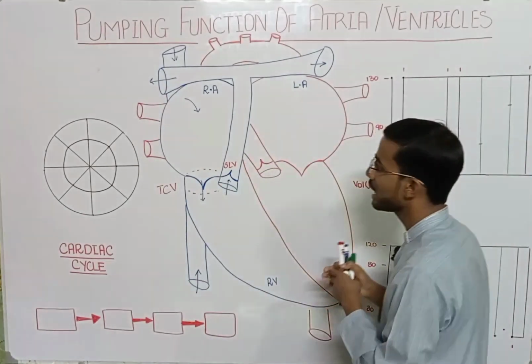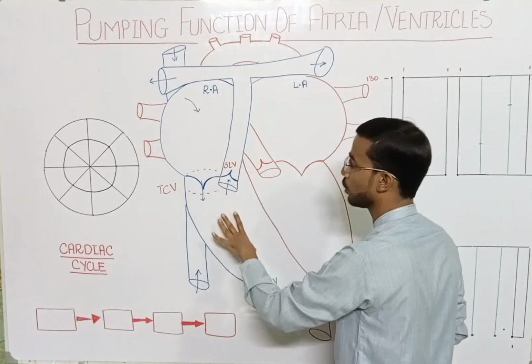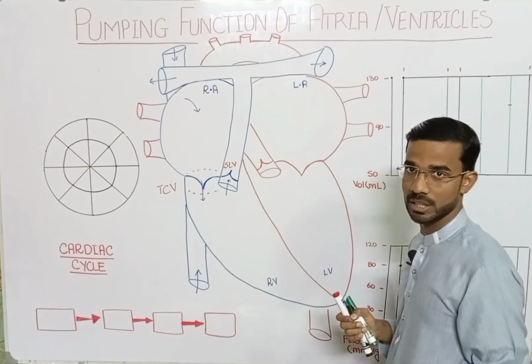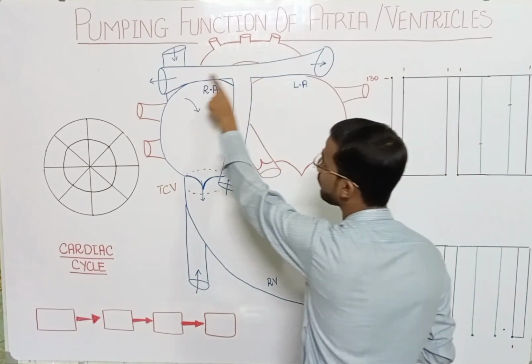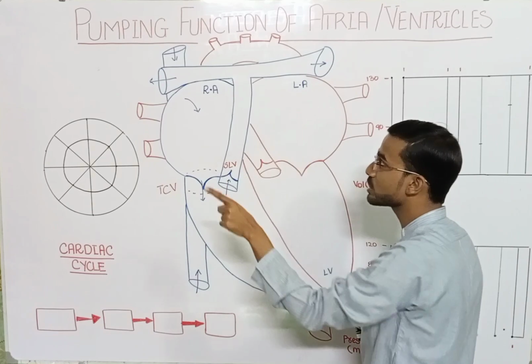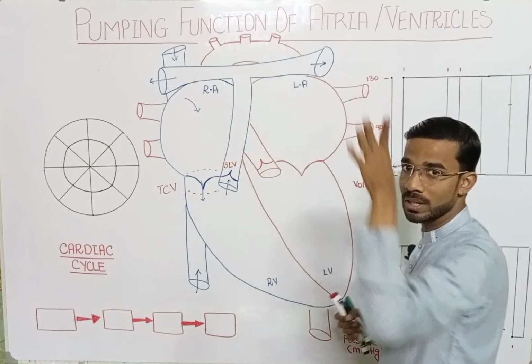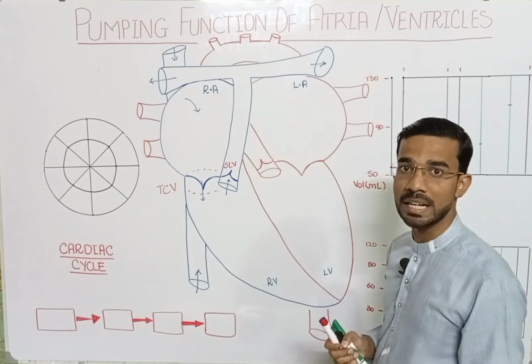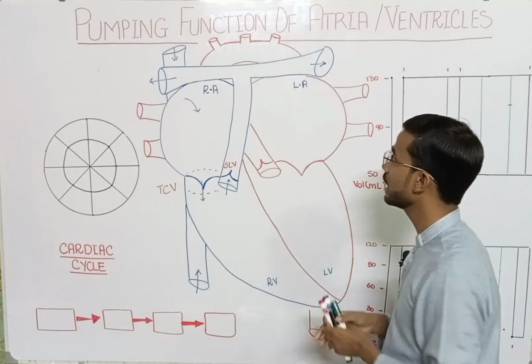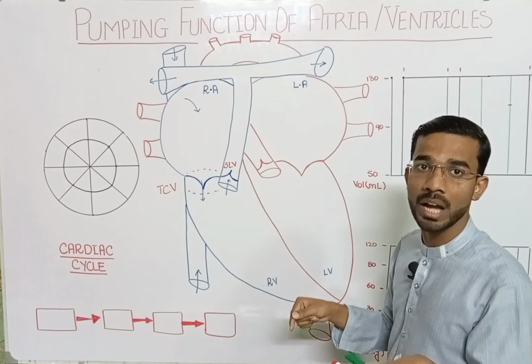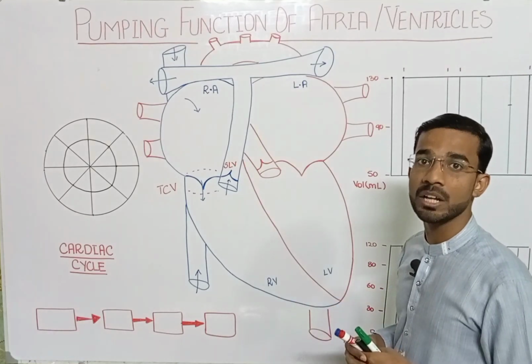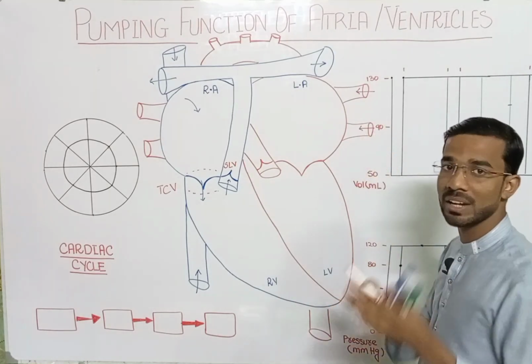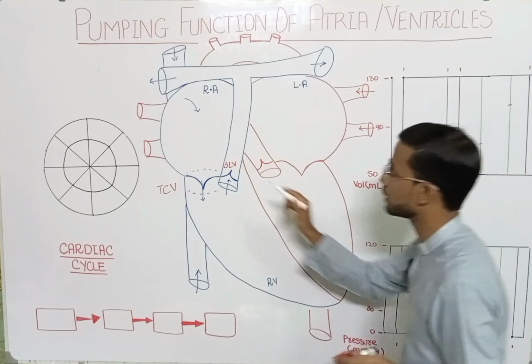As we see, in the right side of the heart we see the deoxygenated blood. So from the pulmonary trunk, the deoxygenated blood goes toward the lungs, where the blood gets oxygenated, and after oxygenation the blood goes back toward the heart through the pulmonary veins, which contain the oxygenated blood.